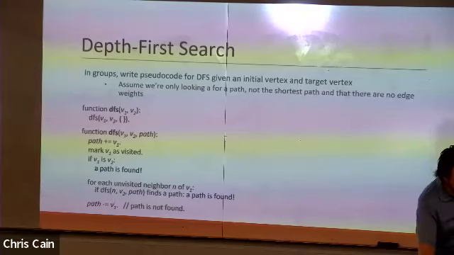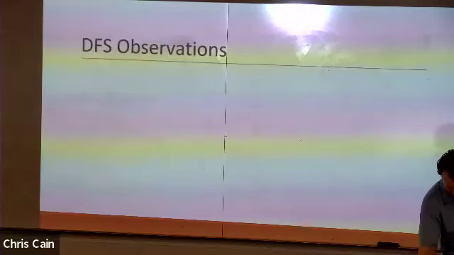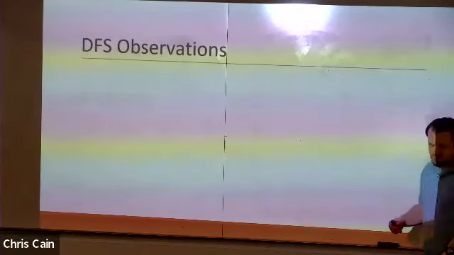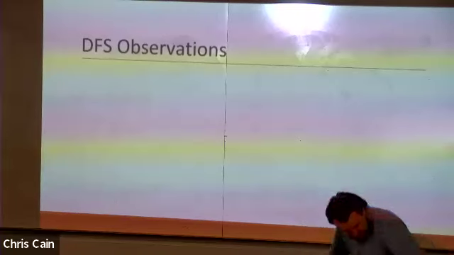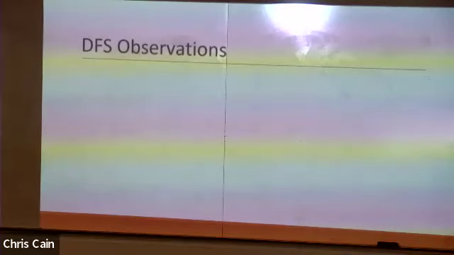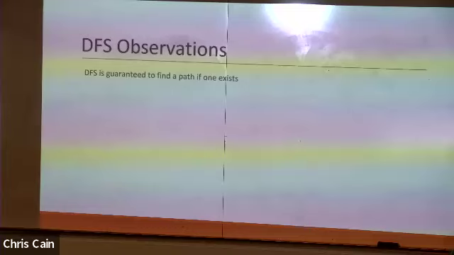All right, just like with trees, we should take a little bit of time to talk about some observations with depth first search. It has a lot of the same pros and cons it did in its tree form. We know that if a path exists from the source to the target, then we are guaranteed to find it.